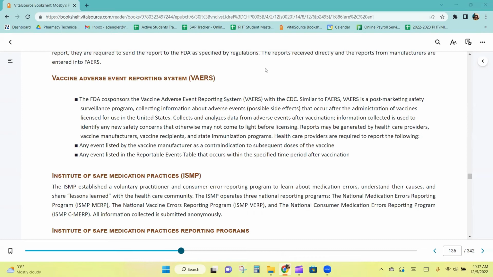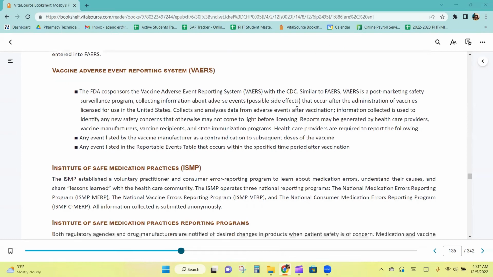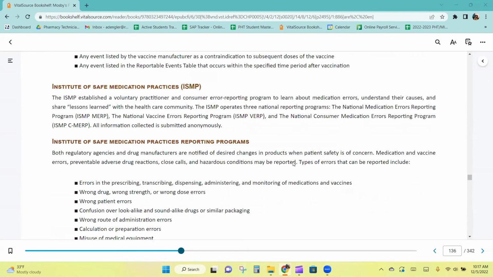Healthcare providers are required to report the following: any event listed by the vaccine manufacturer as a contraindication to subsequent doses of the vaccine, and any event listed in the reportable events table that occurs within the specified time period after vaccination.